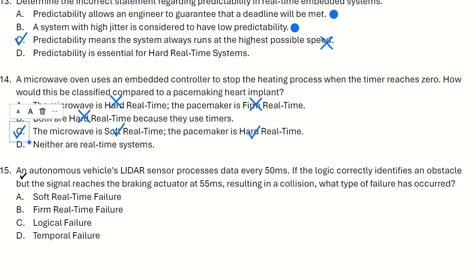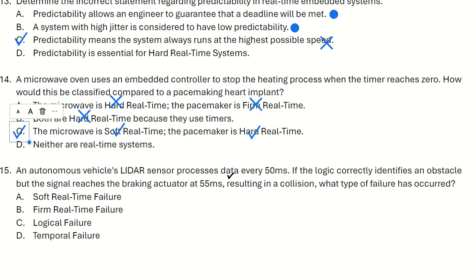Okay, last question. An autonomous vehicle's radar sensor processes data every 15 milliseconds. If the logic correctly identifies an obstacle, but the signal reaches the braking actuator at 55 milliseconds, resulting in a collision. Okay, so that means the system is not fast enough.